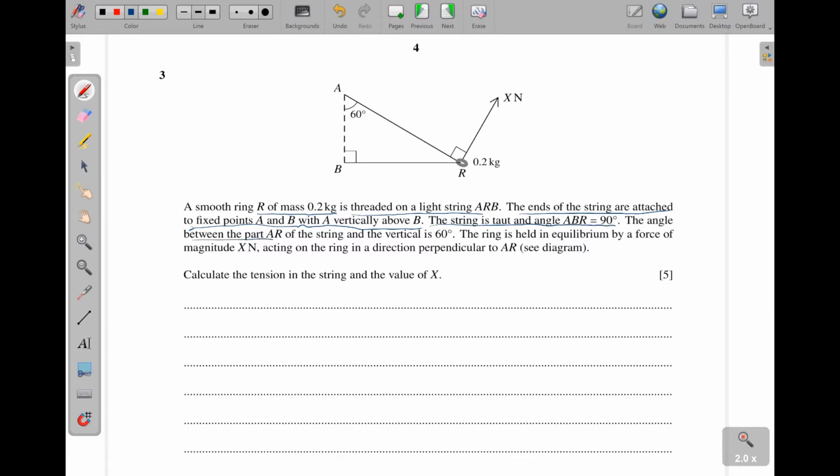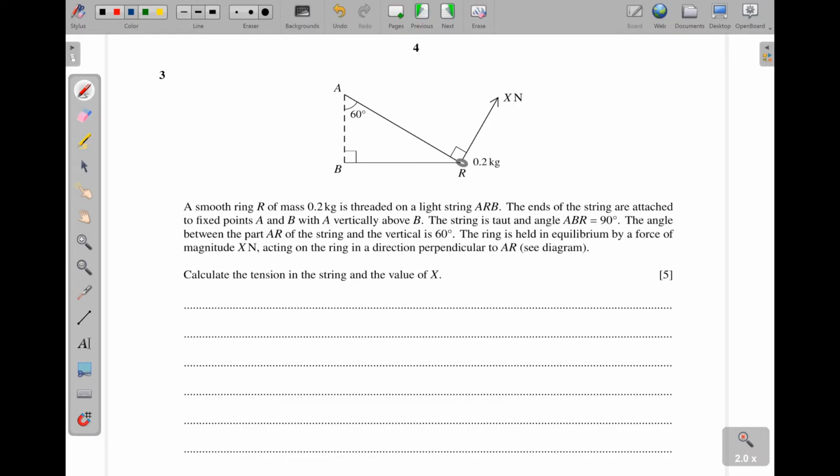The angle between AR and the vertical is 60 degrees. The ring is held in equilibrium by a force of magnitude X newtons acting on the ring in the direction perpendicular to AR. We are told to find the tension in the string and the value of X.